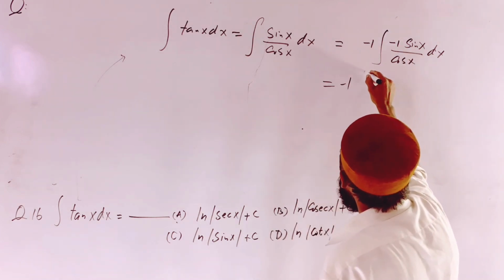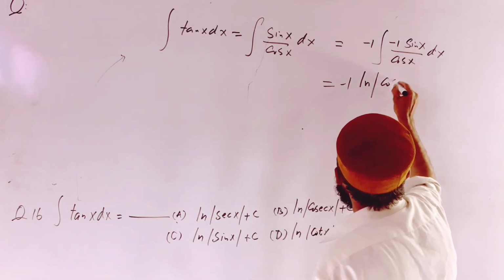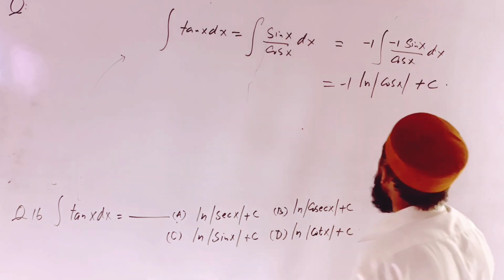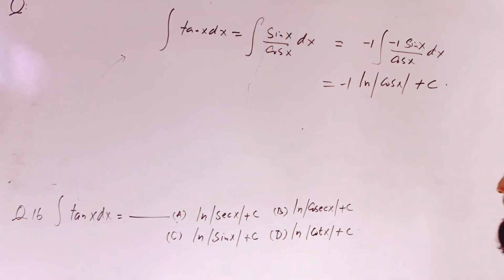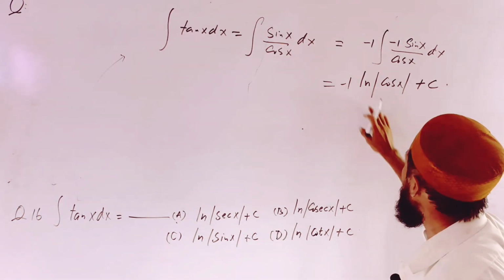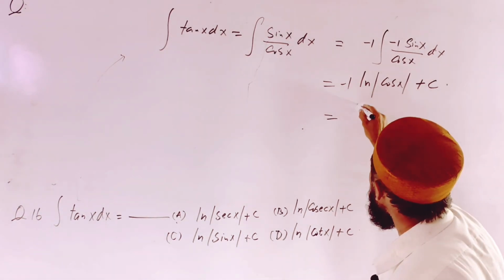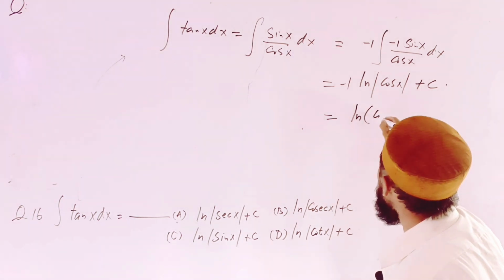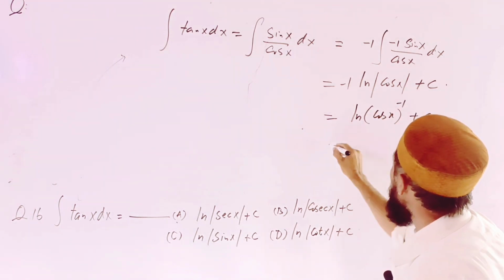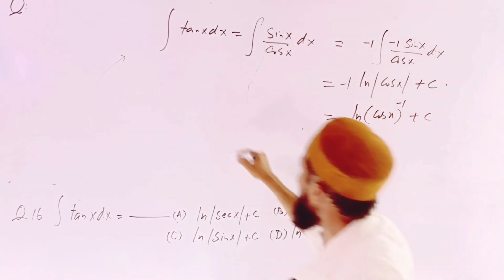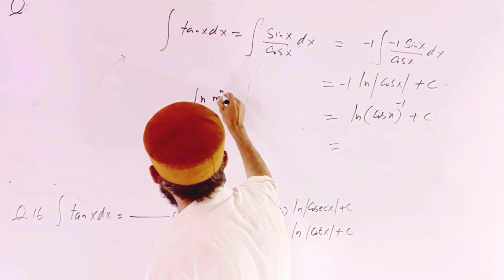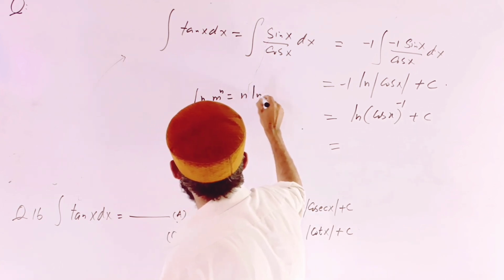So according to the log formula, we get minus log of cos x plus c. Here cos x is absent, so once again we will change this power: log of cos x to the power minus 1 plus c. According to the logarithm formula, log m power n can be written as n log of m.